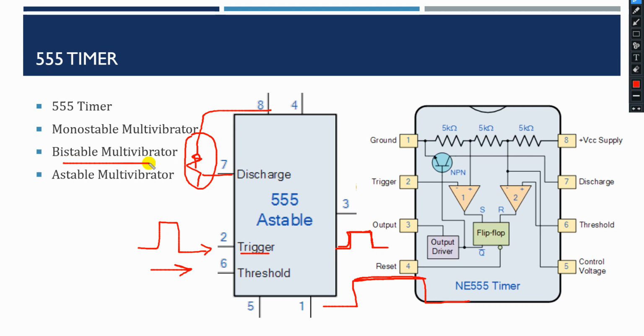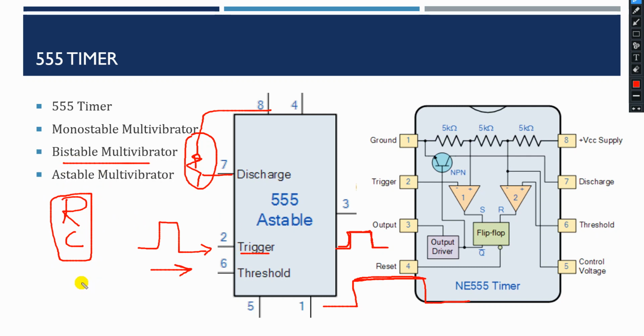Now coming to bistable. Bi means it's a two-stage. We are not giving any triggering pulse to this. We are using an R and C circuit, called a tank circuit. With a combination of this resistor and capacitor, we can generate some pulse.